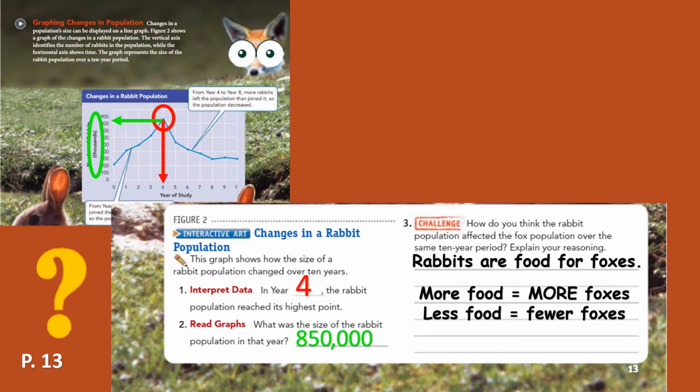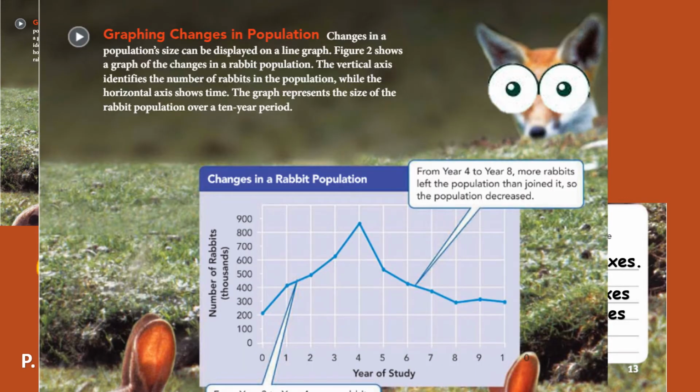And if there's more food, as I said before, then generally that means there's going to be more foxes. Because when there's more food available, then the organism that is the predator, the one that eats it, is going to mate and reproduce because there's food to feed their babies. When the food amount goes down, then they stop reproducing, right? So when they stop reproducing, then we have fewer coming in.